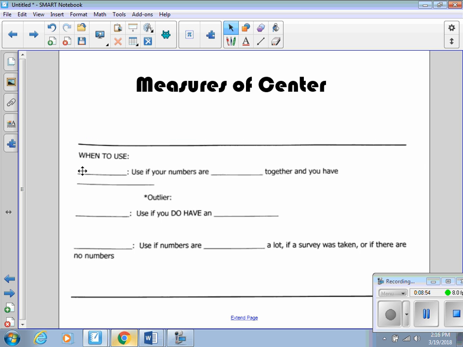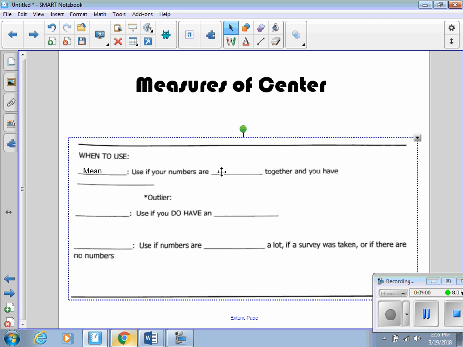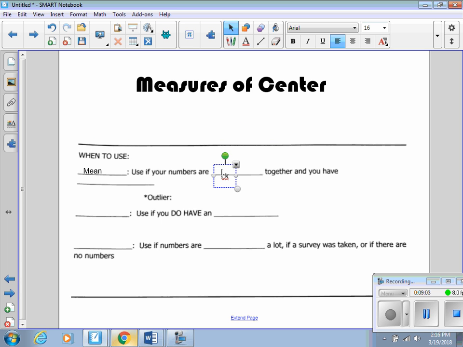So, for that, you would use the mean when your numbers are close together, and you have no outlier.